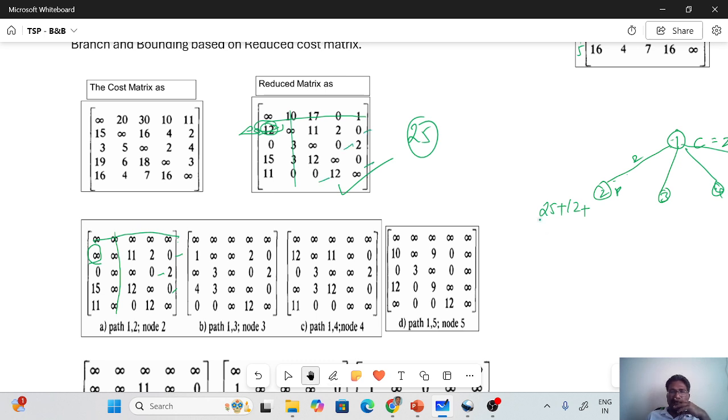There is no reduction. But what about the column? Check it. 0, 0, 0, 0. So what is the cost after row reduction and column reduction? 0. What is the total cost at this node? 25 plus 12, 37.